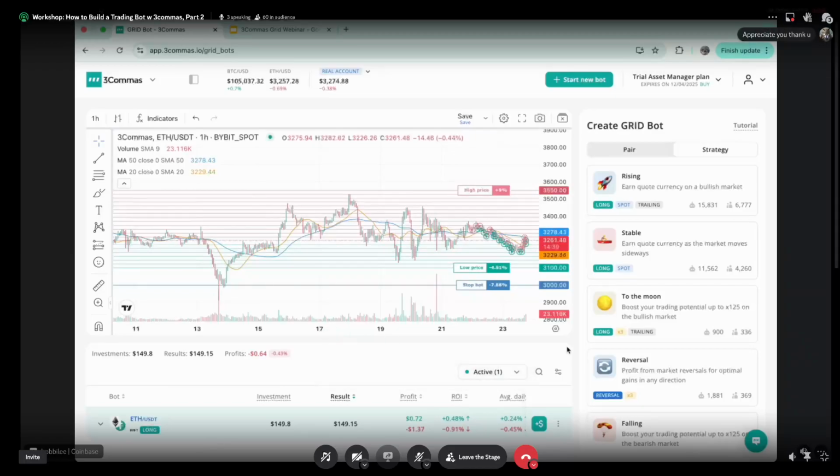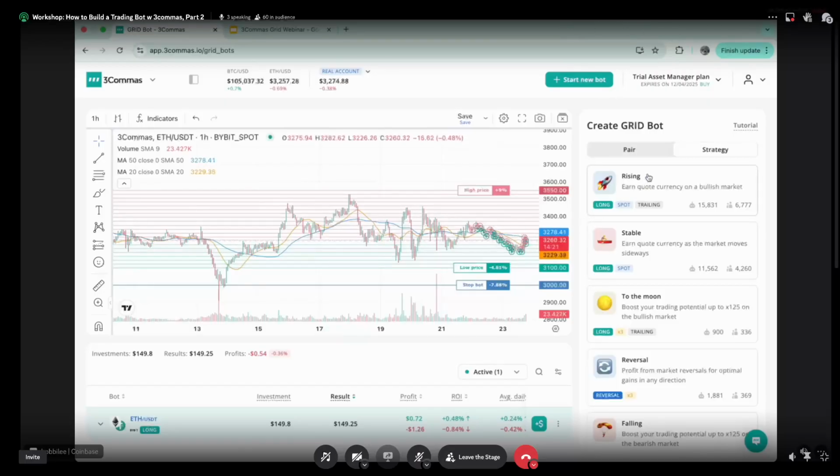So let's discuss what we have on the screen. On this chart you can see my grid levels and the orders that were executed.